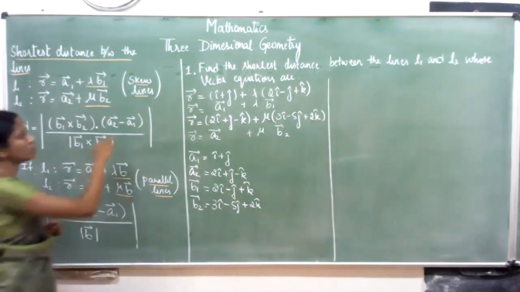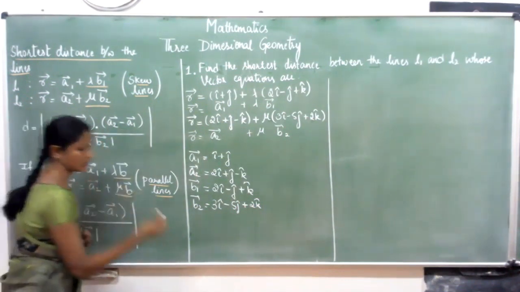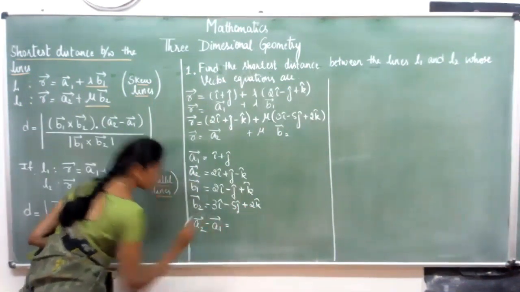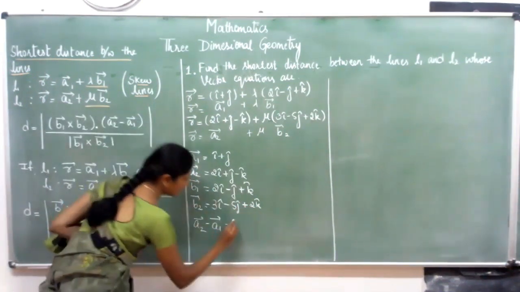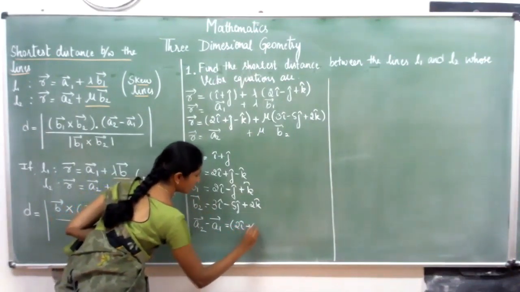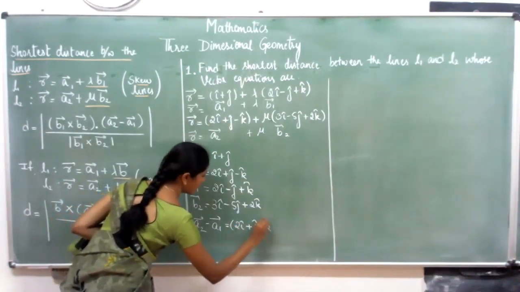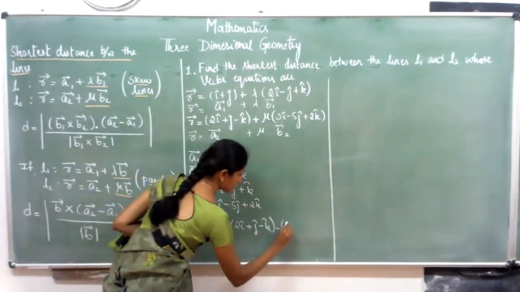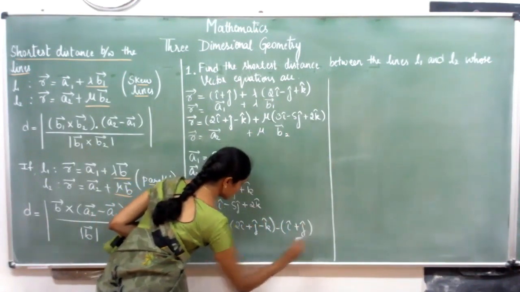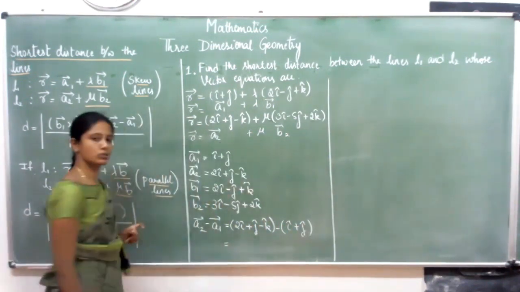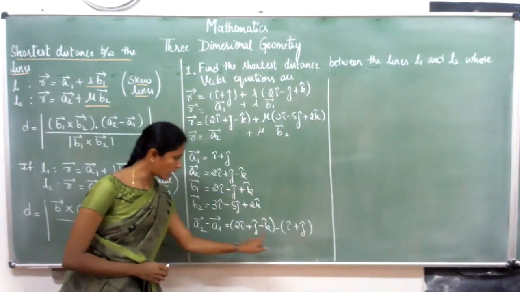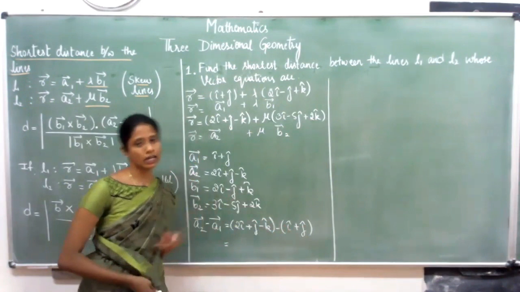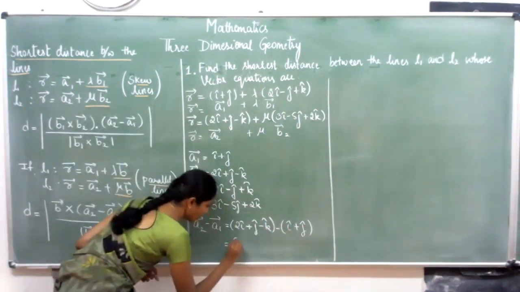First let us find vector a2 minus a1. Vector a2 is 2i cap plus j cap minus k cap, minus vector a1, which is i cap plus j cap. Now we subtract these two. 2i cap minus i cap is 1i cap.